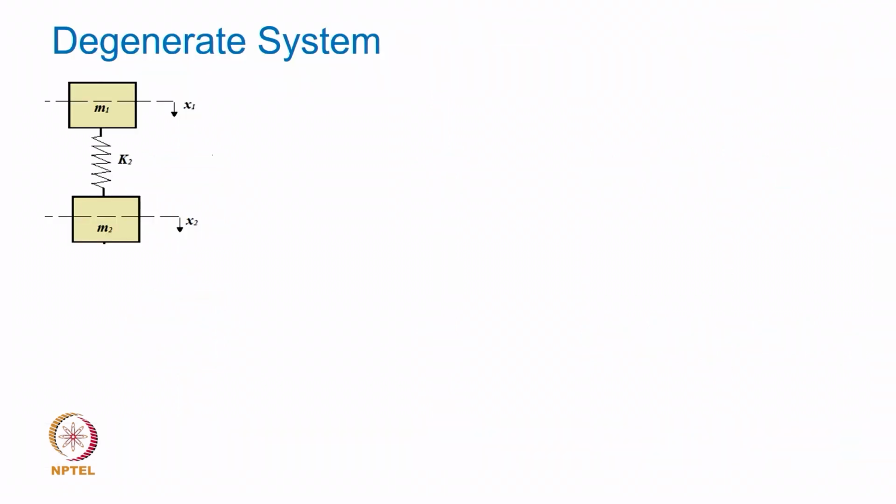Now, there is one interesting class of such 2 degrees of freedom systems, and here we are assuming that K1 equal to K3 equal to 0. That means the two springs at the top and the bottom are actually not there, okay.